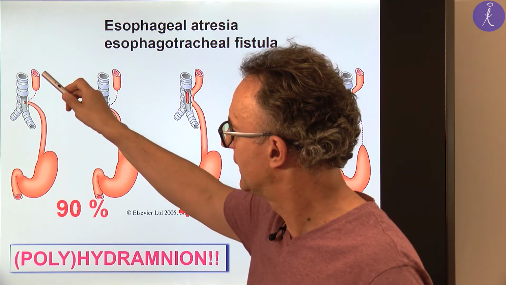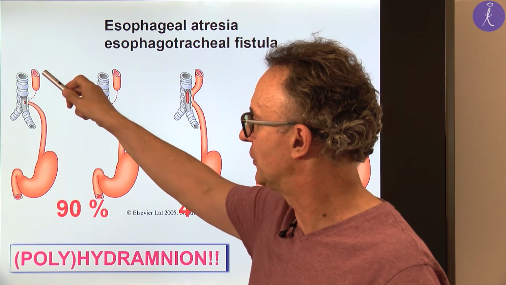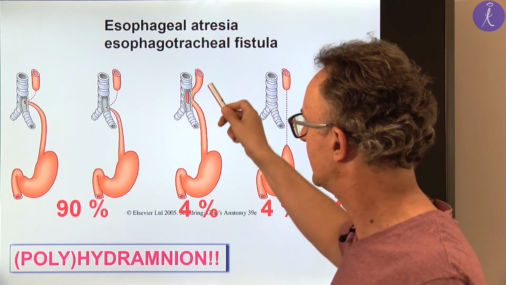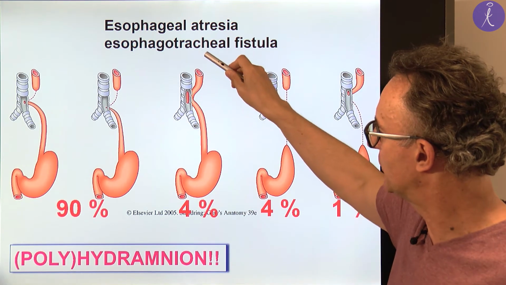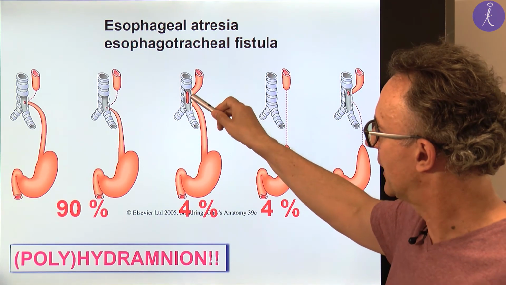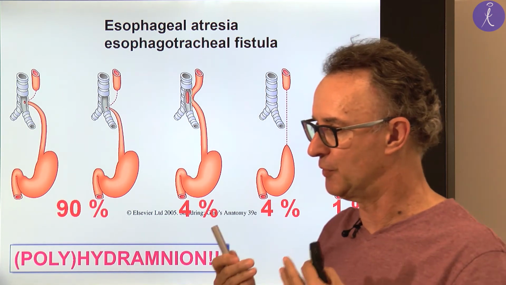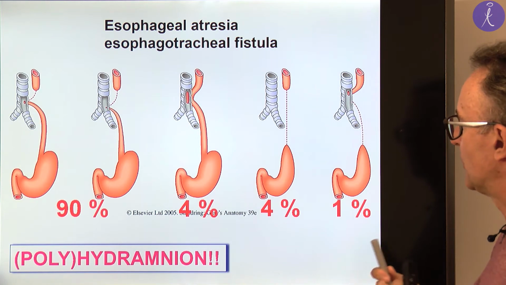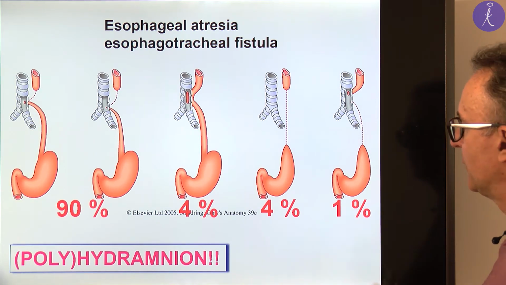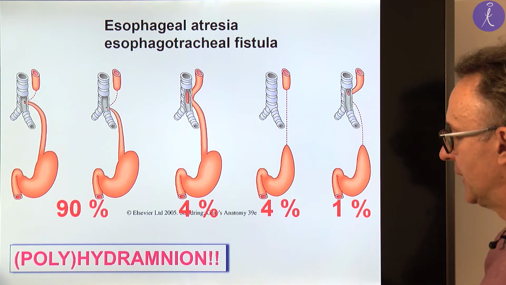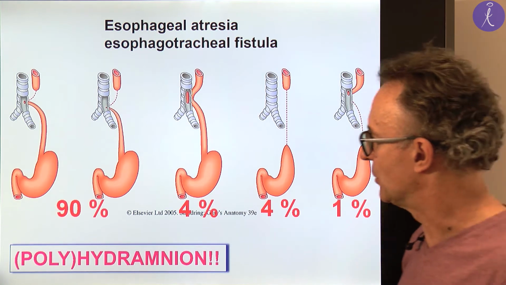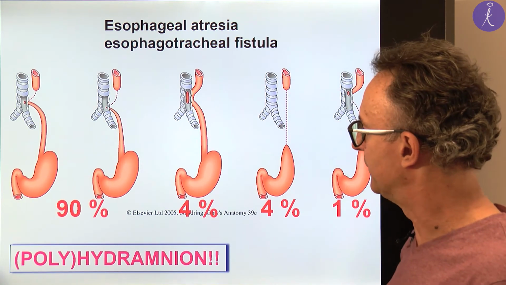In worst case, we have communication between the two tubes, and this is the worst when the proximal part of the esophagus communicates with the trachea here or here, because the food what the baby swallows immediately goes down directly to the bronchus tree, causing pneumonia. So it should be operated on as soon as possible.